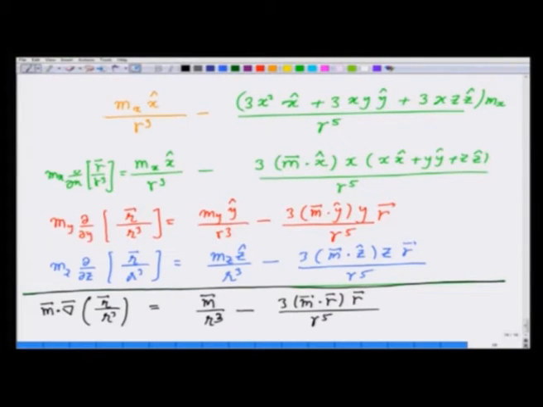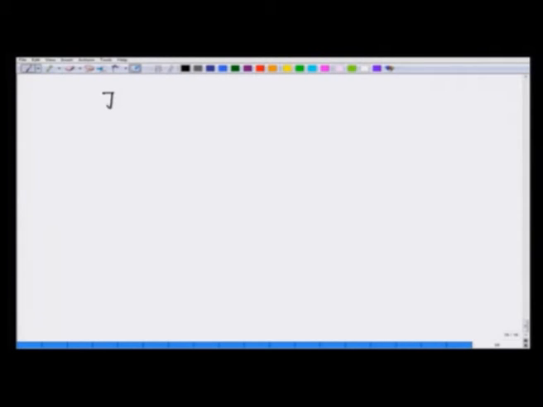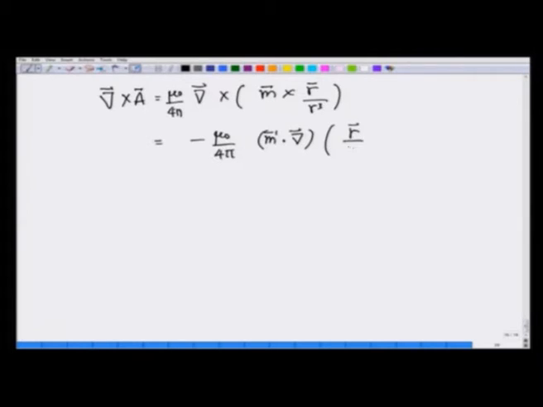So, if I put it all together, we had started with del cross A, which is del cross m cross r over r cubed, and we have gotten it to be minus mu naught over 4 pi m dot del acting on r over r cubed, r not equal to 0, and this is minus mu naught over 4 pi.